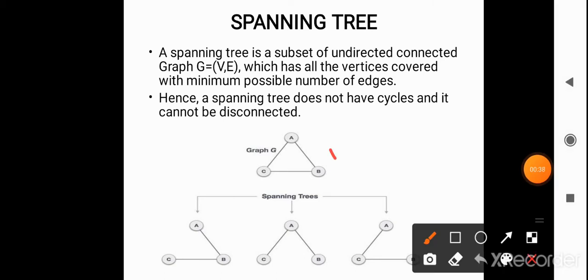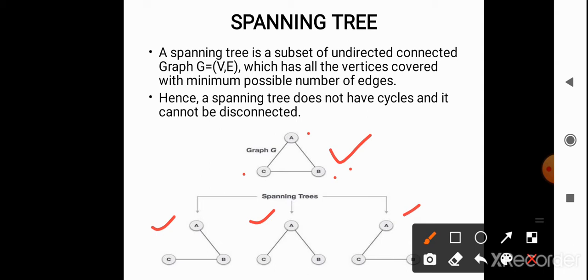Here, a spanning tree is a subset of a given graph. The graph here consists of three vertices A, B and C, and the spanning tree also contains these vertices. These are some examples of spanning trees of this graph. The number of vertices in the given graph and the spanning tree are the same.